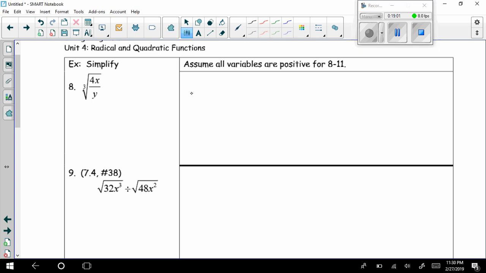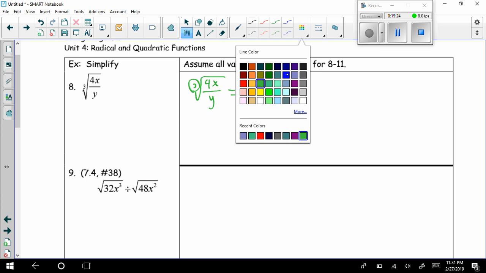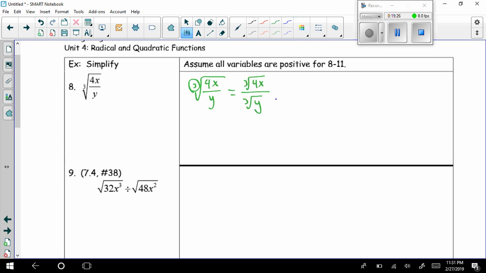Cubed roots are going to work the same way, except for, remember, to get a whole number value, we need a group of 3. We need to match that index. So always start rationalizing problems if you can't simplify them by breaking them apart, because the only thing that we need to get rid of is this radical off the bottom. So to do that, we have to multiply it by the same index.